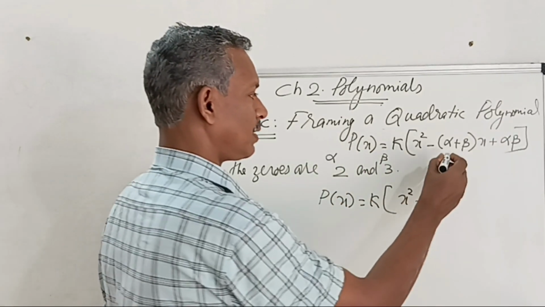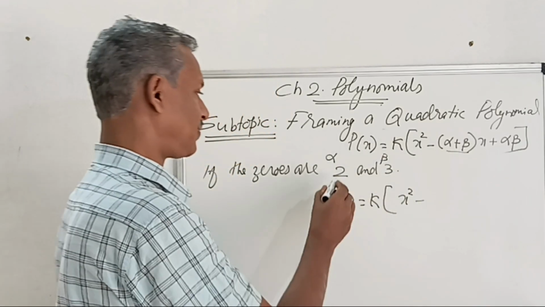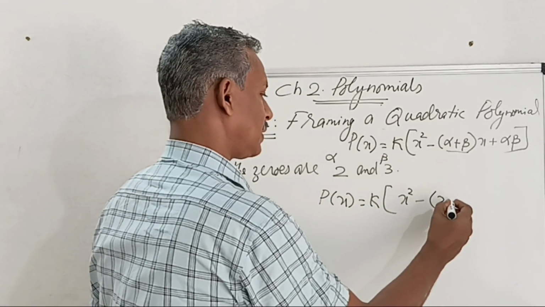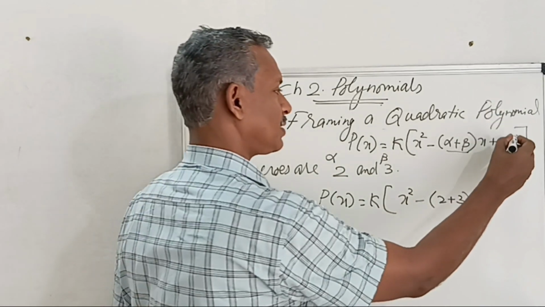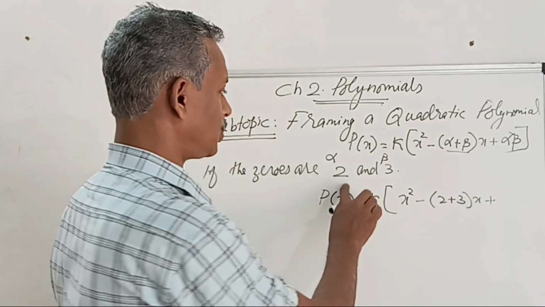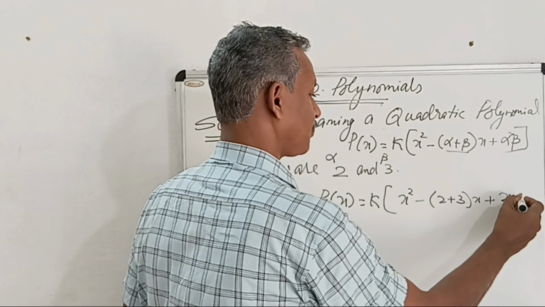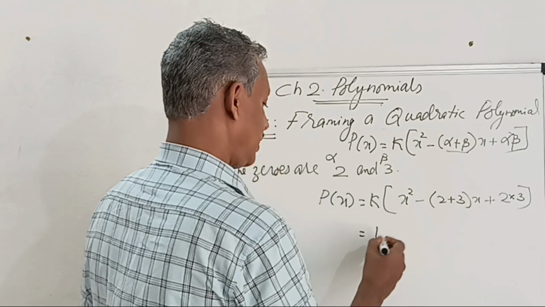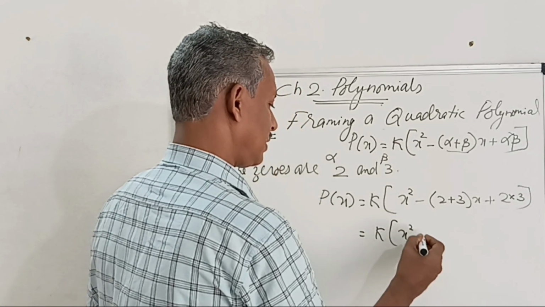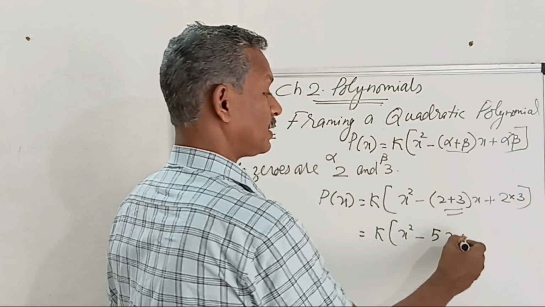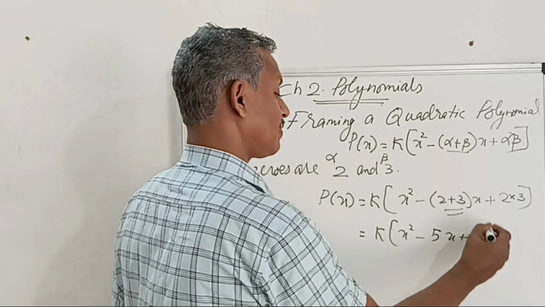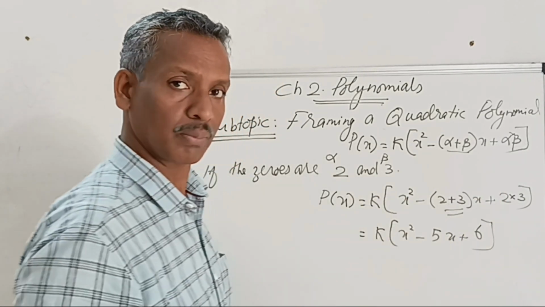Alpha plus beta is 2 plus 3, and alpha beta means multiply the zeros, 2 and 3. So k into x square minus 2 plus 3, it is 5x, plus 2 into 3, it is 6. So this is one polynomial.